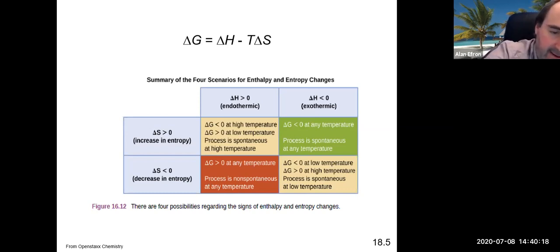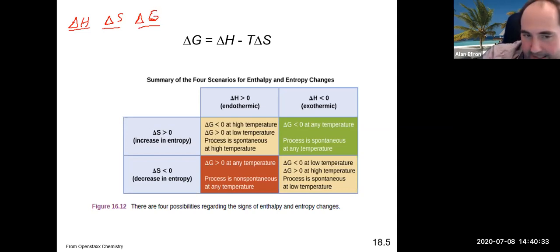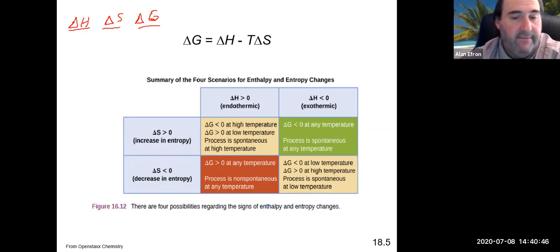So if we have our delta H and our delta S in this case, and delta G. I'll work on my G's, they really look like sixes. So let's talk about what happens if our delta H is a positive number and our delta S is also a positive number.